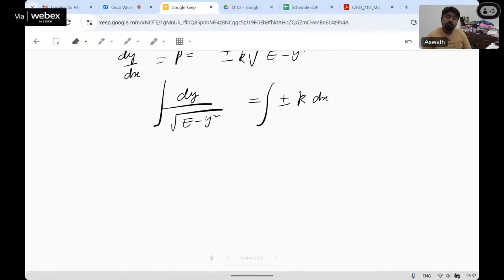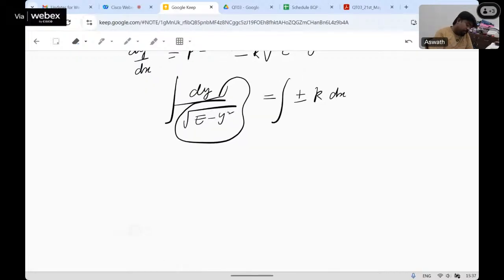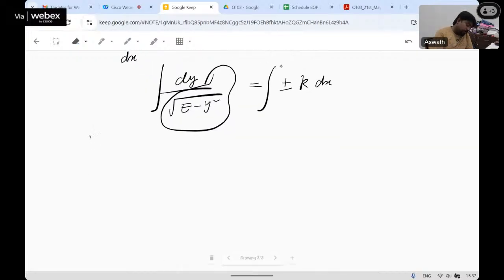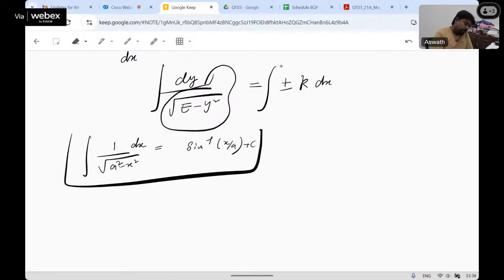You see this is a particular kind of integrand, and for this integrand the solution is given by default. Remember, the integral of dx over square root of a square minus x square is sine inverse of x by a, plus some constant.